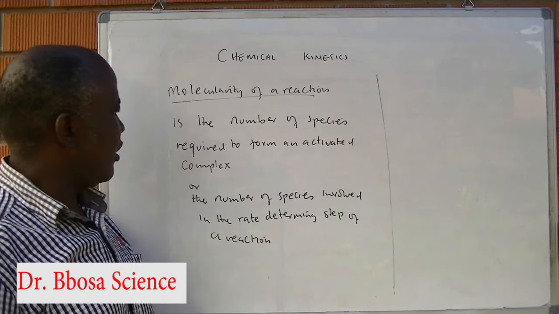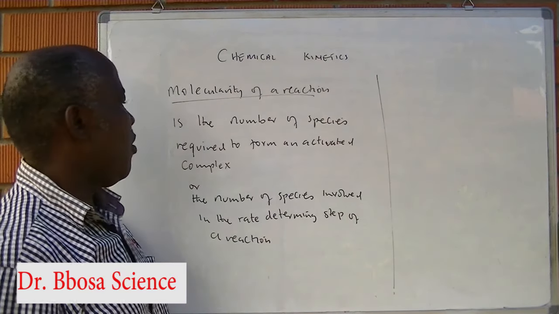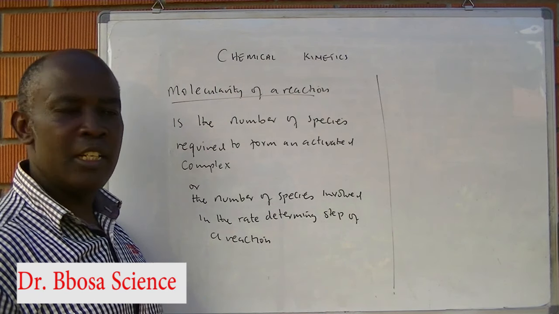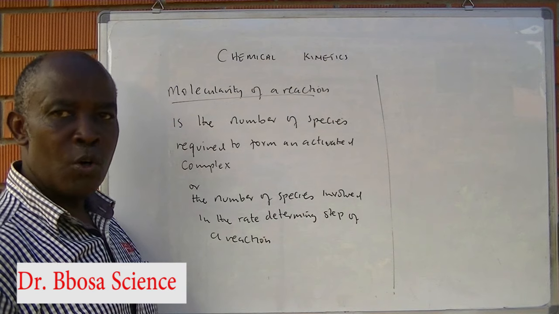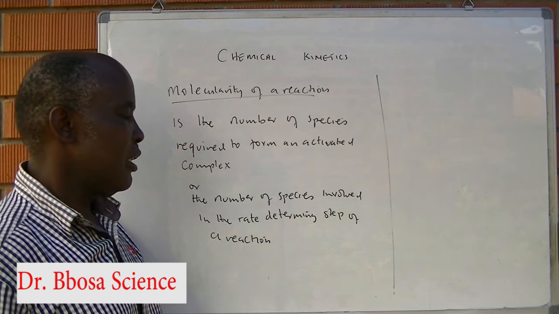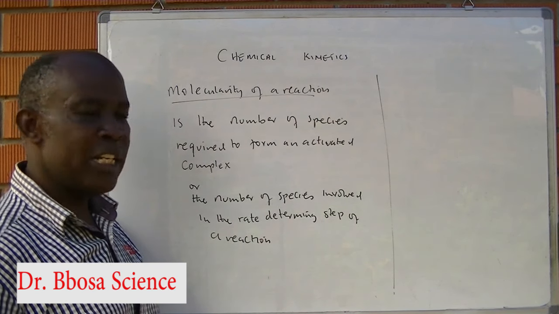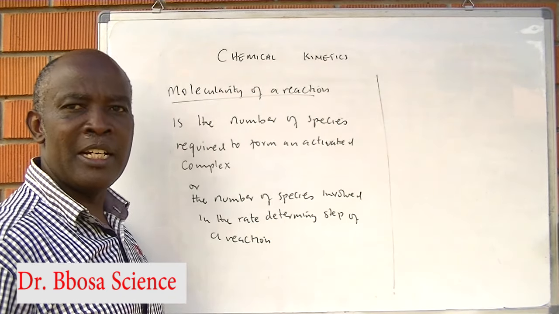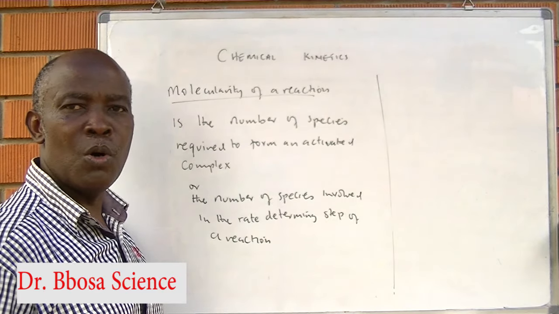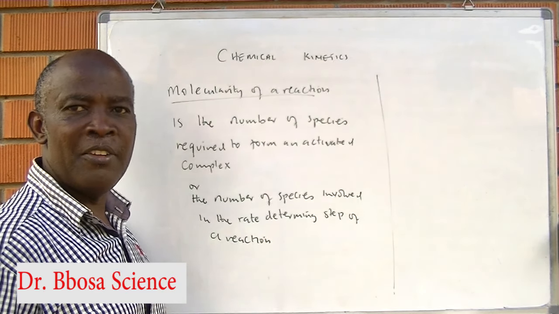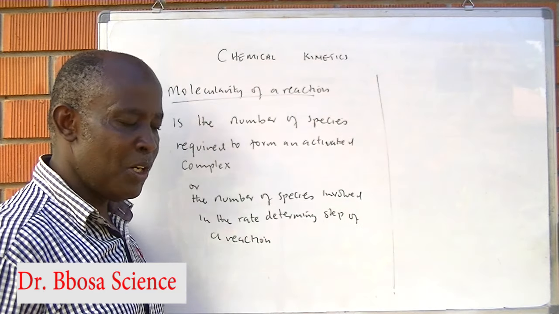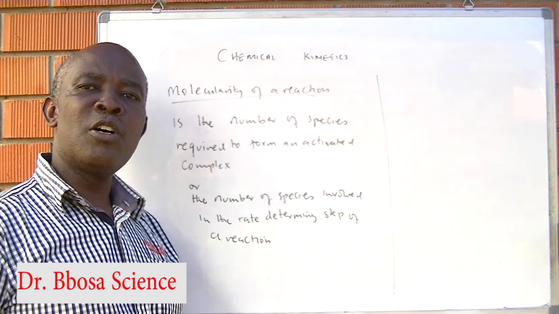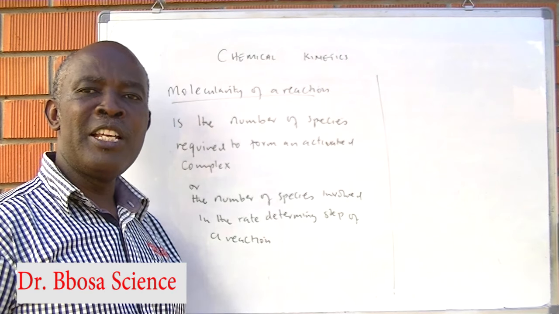Molecularity of a reaction is the number of species required to form the activated complex, or the number of species involved in the rate determining step. Molecularity is usually 1 or 2, but rarely 3 or above, because the probability of simultaneous collision of 3 species is almost negligible.